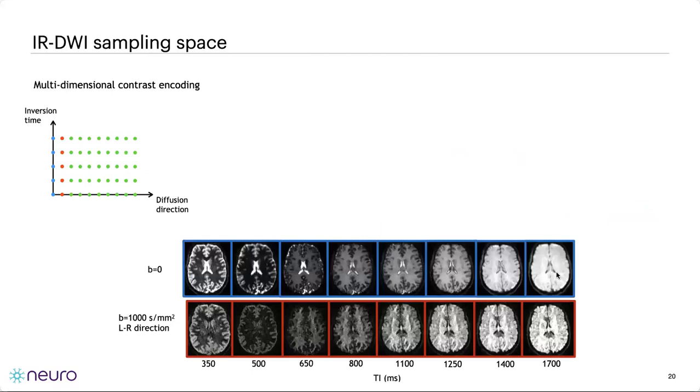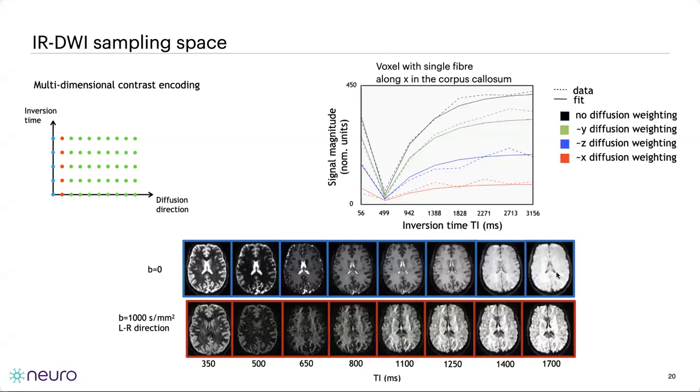Okay, so this is an example of what the data actually looks like. So this is what I showed you earlier. So with no diffusion encoding, you get that T1 experiment. And this is where we add a diffusion encoding along the left-right direction. We're at a b-value of 1,000. As I said, we don't want to go too high in terms of our b-values for this type of experiment. And this is what the data looks like. So the dashed points are the data, the fit is in the solid lines, for a voxel in the corpus callosum.